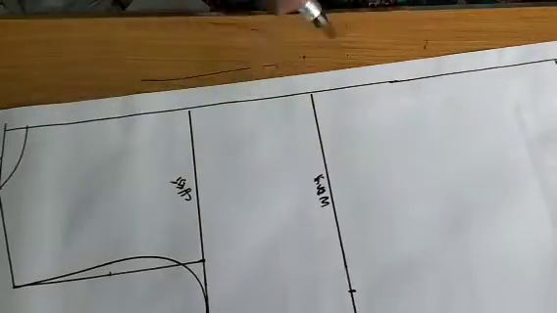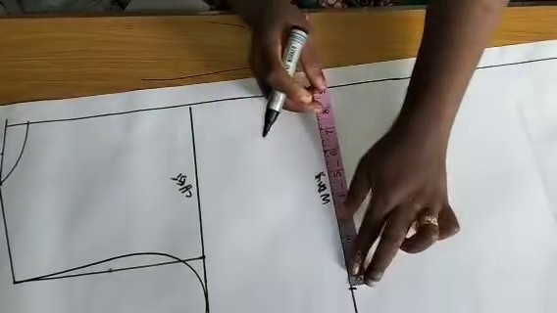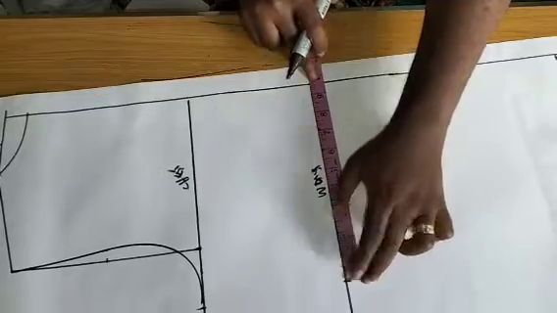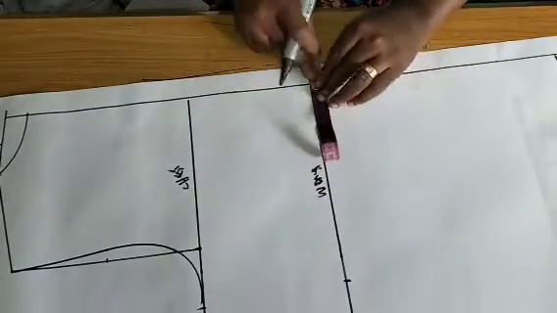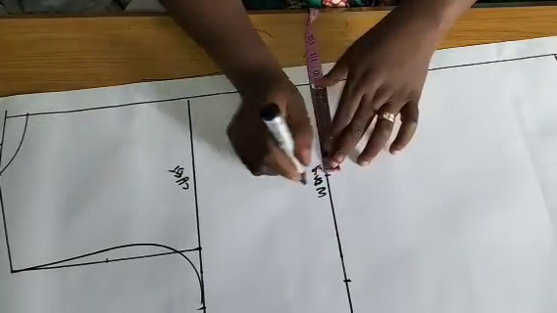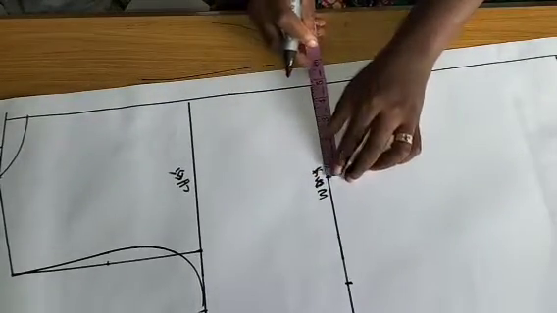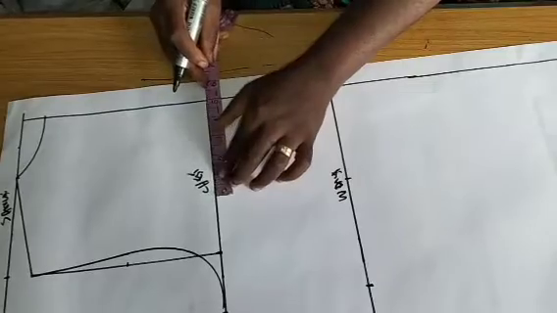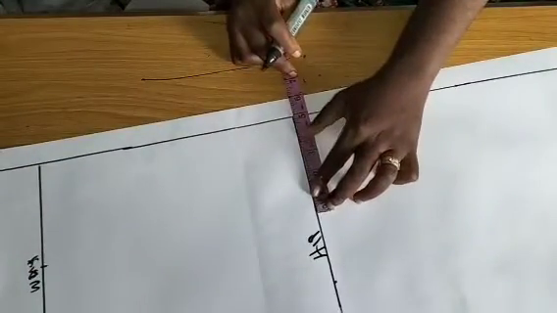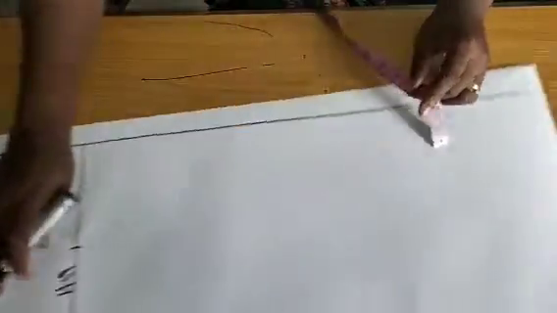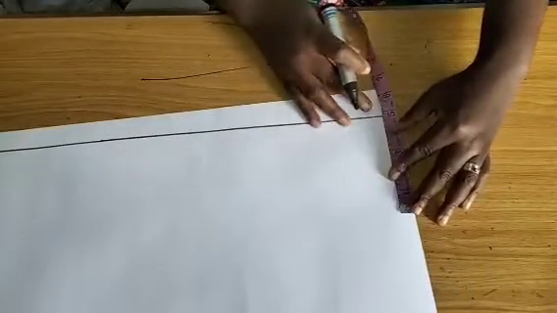Now I will be inputting my waist divided by 4. I'll simply divide it by half. Whatever I have here for the back, I have 4.75. I'll just mark the 4.75 from the center front on the hip line to the hem line.